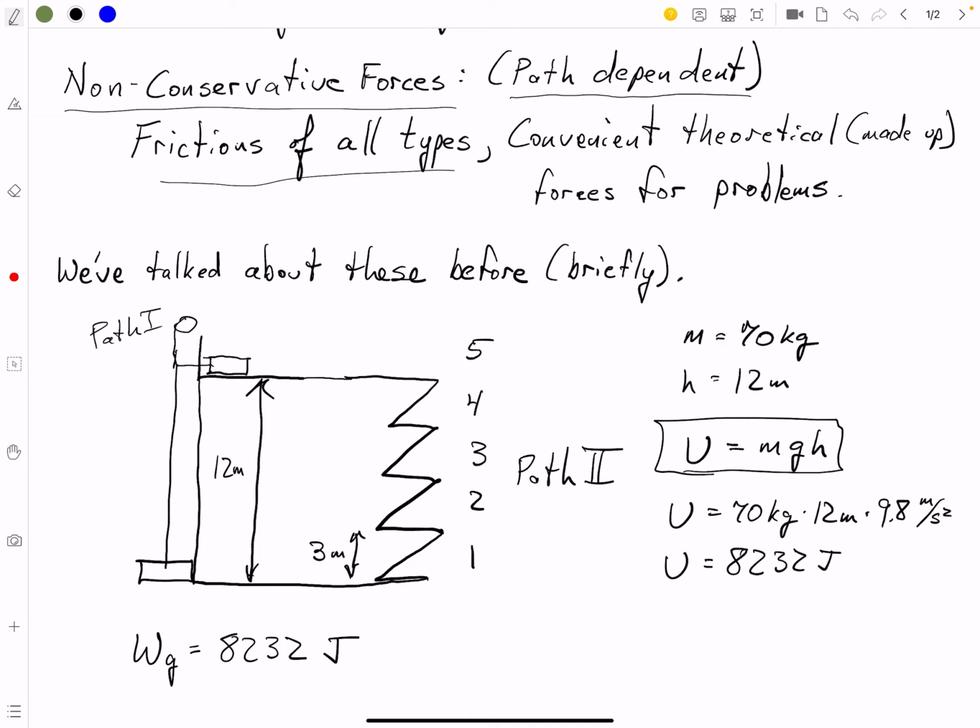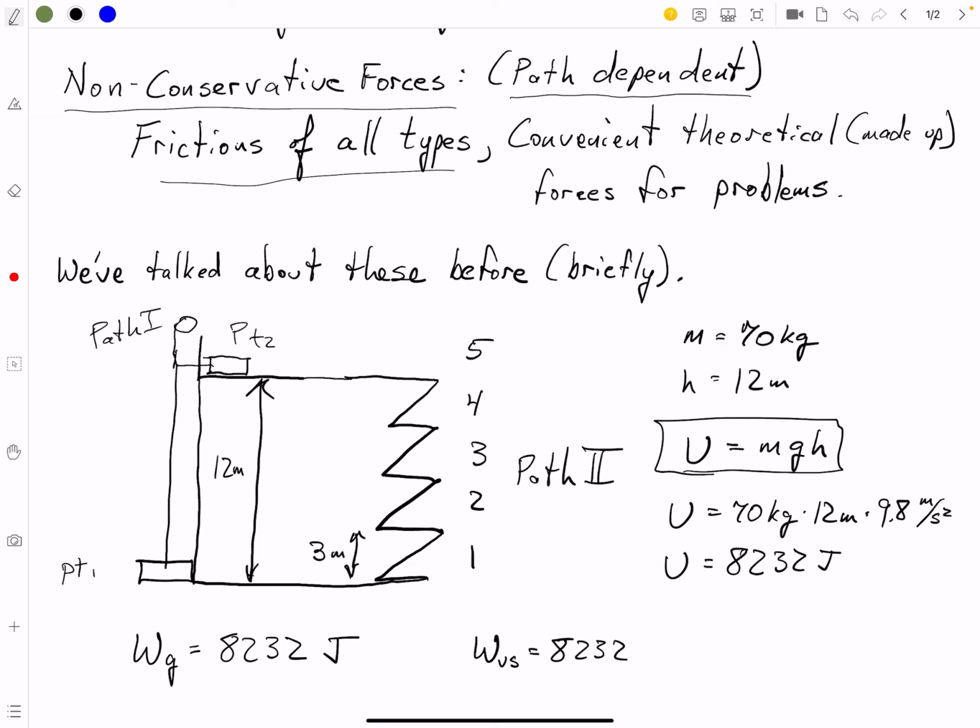The work done by us getting it up there, we've got to do that same amount of work to get it up there. So work of us, if it's sitting down here at point 1 and we want it up here at point 2, we would have to do that same amount of work, 8232, with the pulley system and swing it in the window.